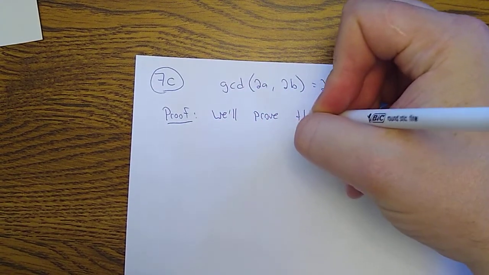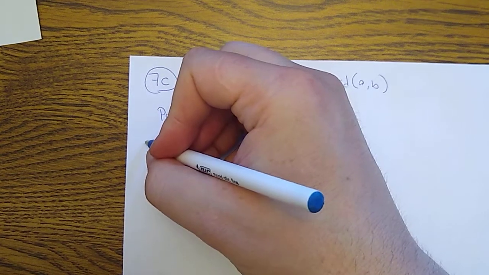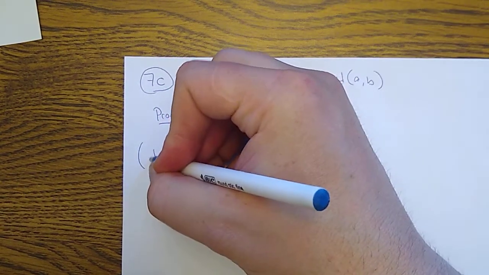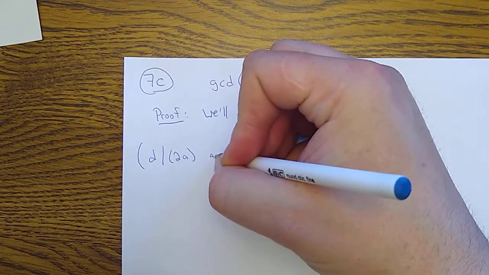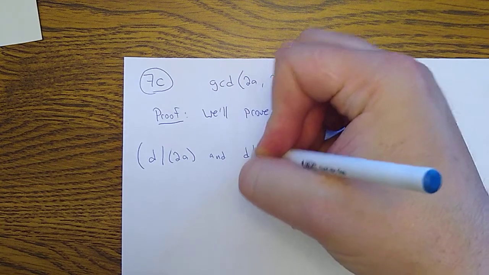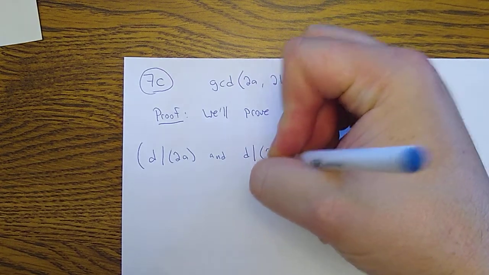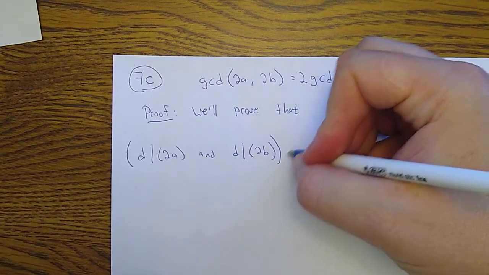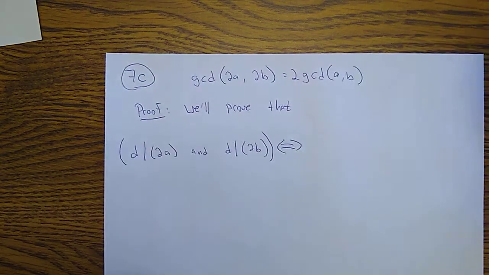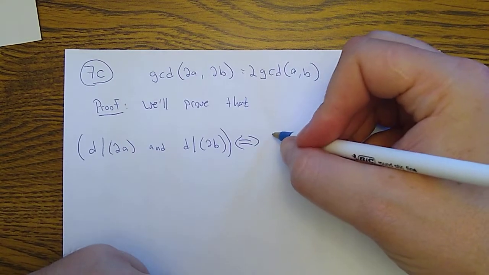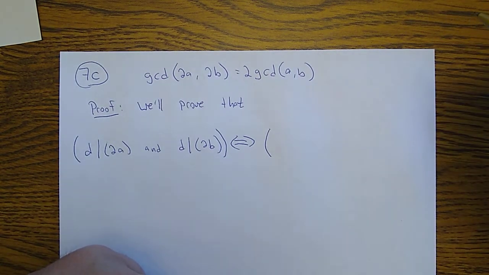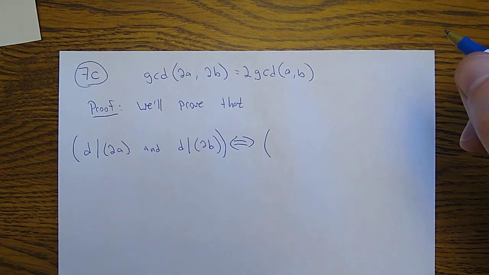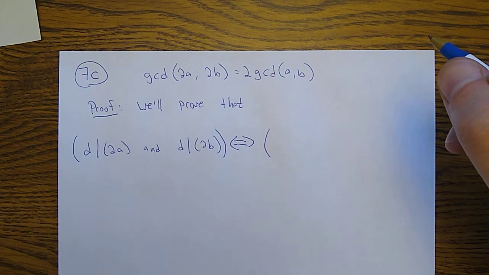So we'll prove that if D is a common divisor of 2A and 2B, that this is logically equivalent to saying that, wait, how should I say this one?